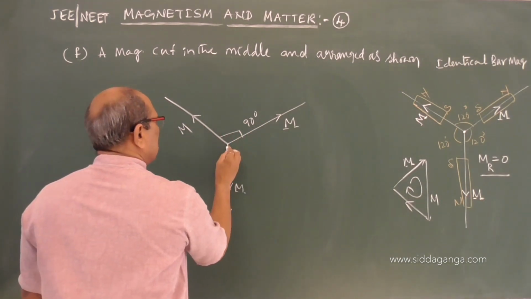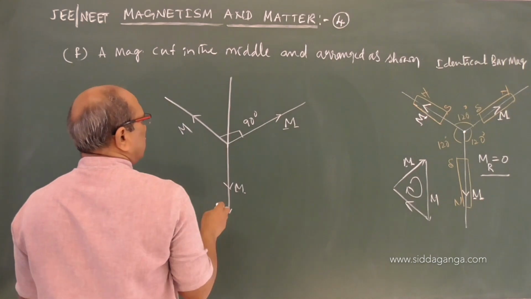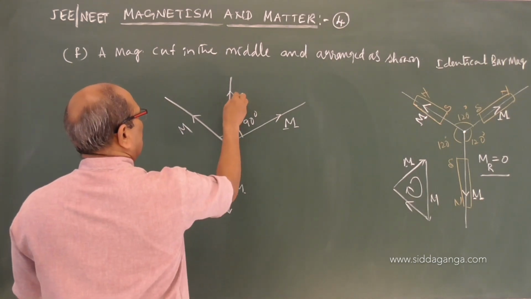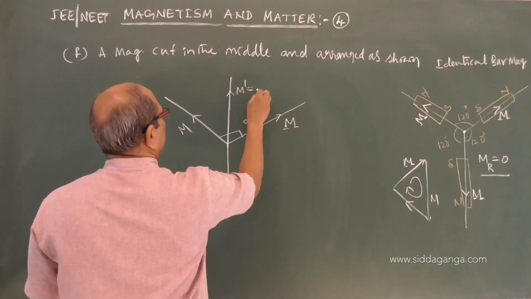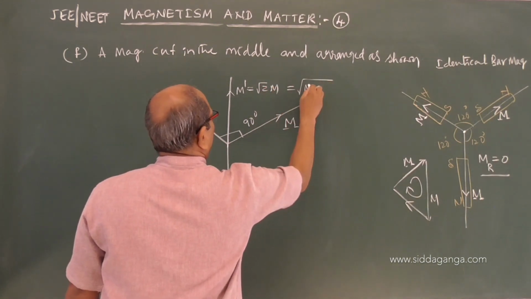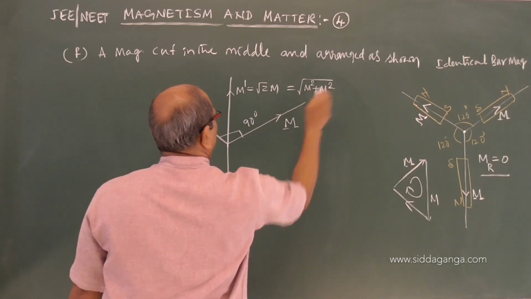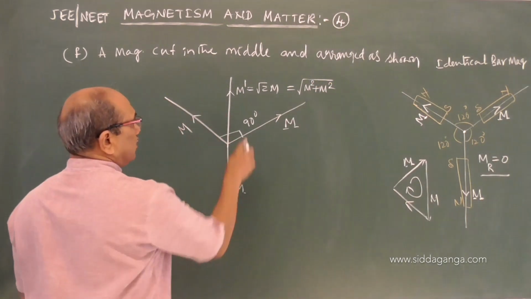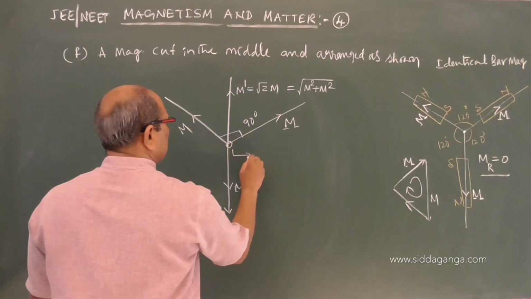Both are equal. They bisect at 45 degrees, right? And here M dash becomes root 2 M, because both are the same, root of M square plus M square, because of 90 degrees.